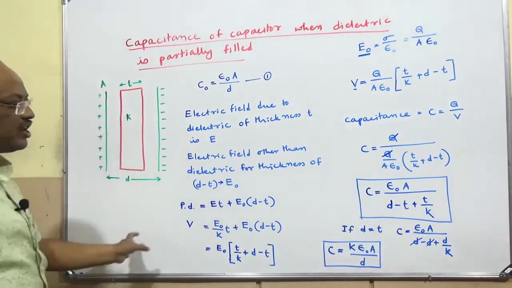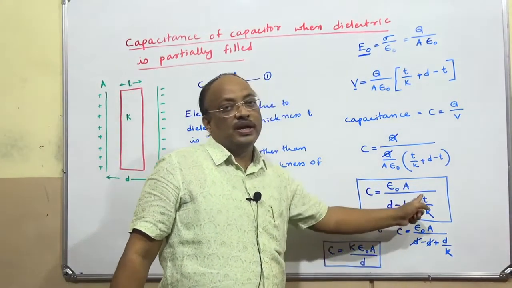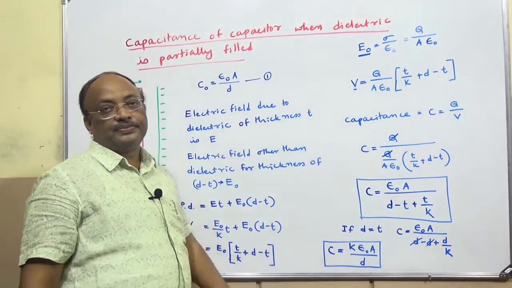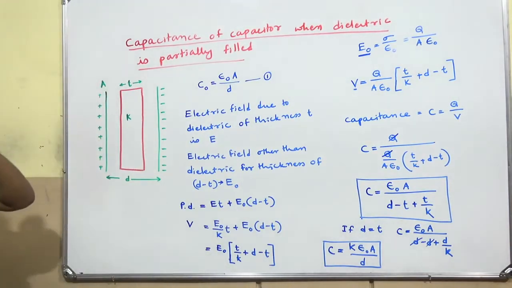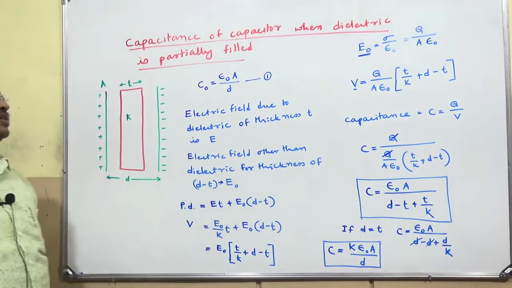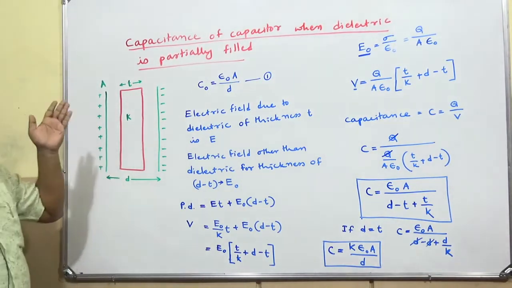If it is partially filled, then also it increases by this value. So this is the expression for the capacitance of a capacitor when the dielectric is partially filled.